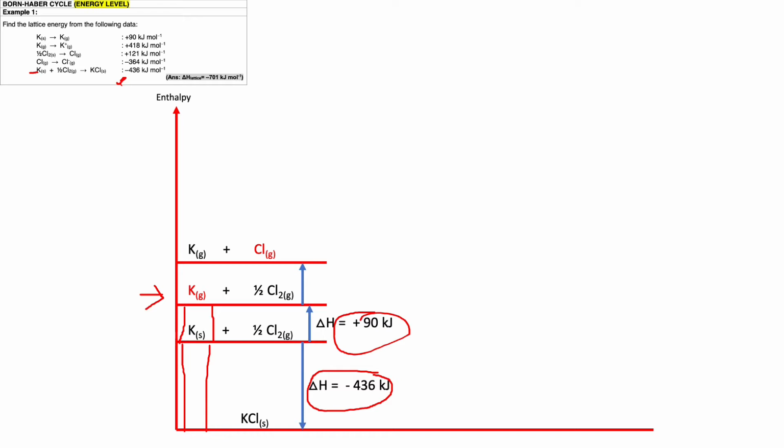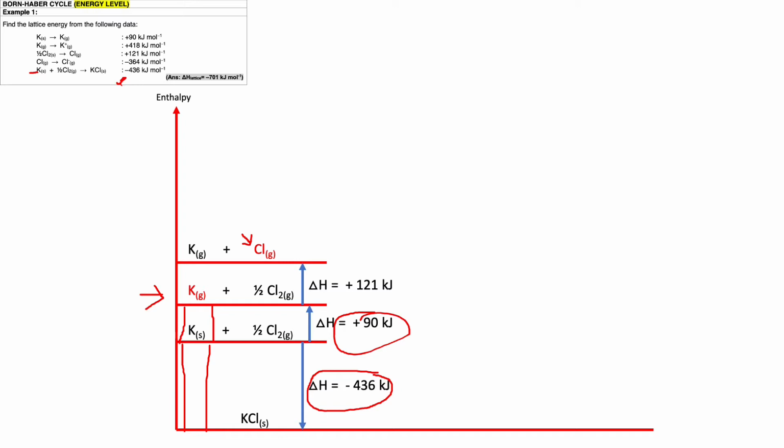If you look here, the potassium gas is not changing, and only the chlorine changes from chlorine gas or chlorine molecule to gaseous atom. You can see here, it is changing here. Which means this involves enthalpy of atomization. Therefore, we write it like this.